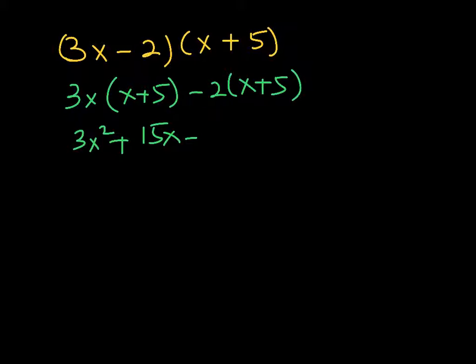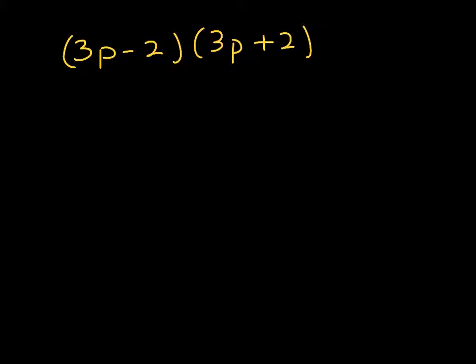Minus 2 times x, that is minus 2x. Minus 2 times plus 5, that is negative 10. Okay, so now we can add up the like terms. 3x squared plus 15x minus 2x is 13x, minus 10.